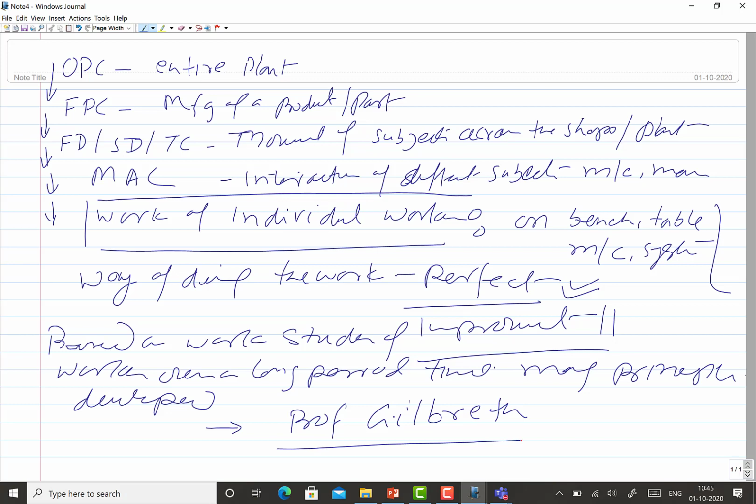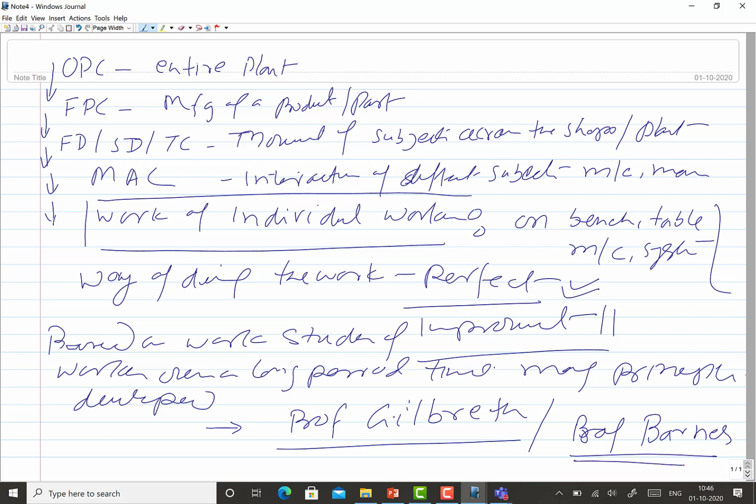and his work was further encouraged, developed and investigated for further improvement in studies related with the work of human beings at the work. Another professor who worked in this area, related with the study of the work of human beings on the job, is Professor Barnes.